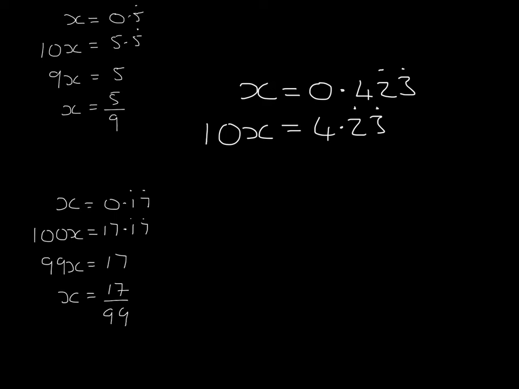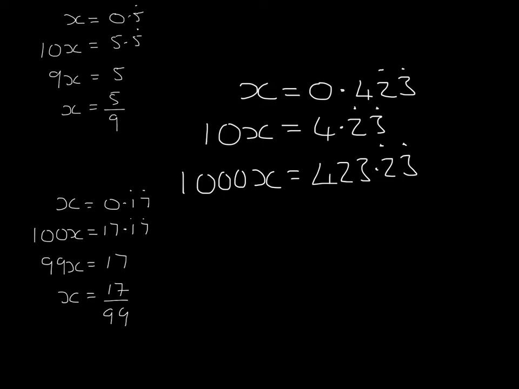So we multiply 10x by 100, and that's going to give us 1000x equals 423.23 recurring. And now you can see that we have the two numbers that we need. We have two numbers which are identical after the decimal point, to the right of the decimal point.